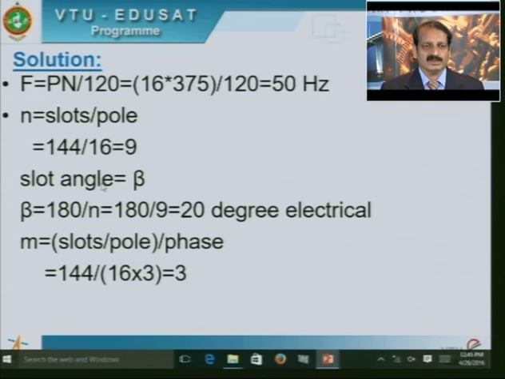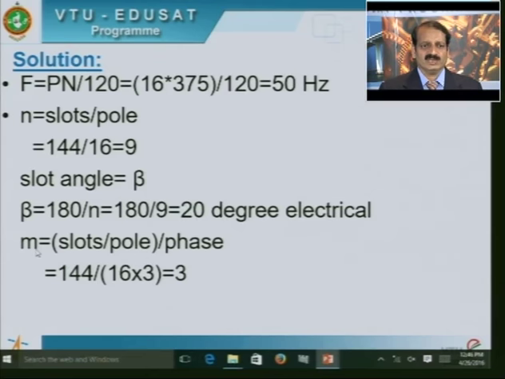Slot angle, you can remember, is denoted as beta, and beta is given by 180 divided by slots per pole. So, slots per pole we have calculated here, it is 9. So, 180 divided by 9, which is equal to 20 degree electrical.